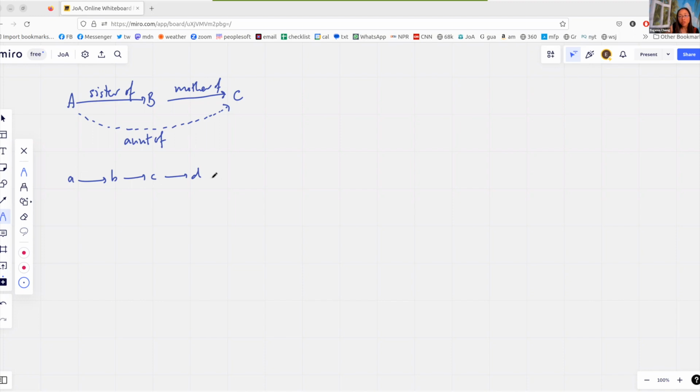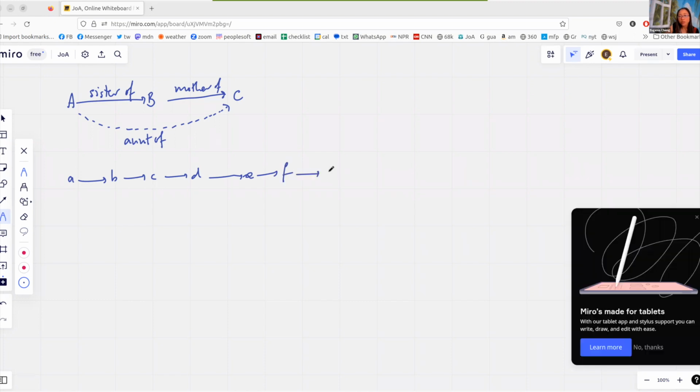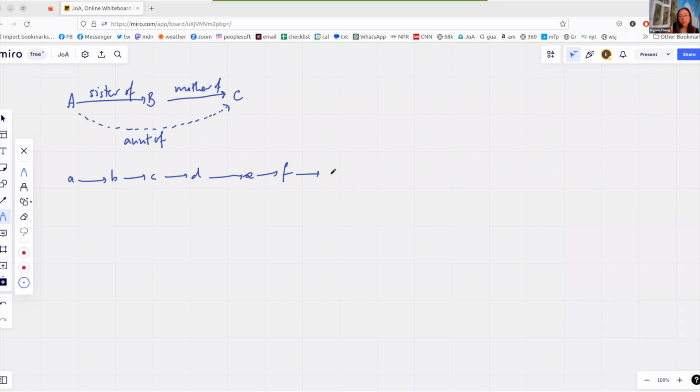But what we really want to know is that if we have any chain or string of arrows in a row, E, F, G, however long it is, there is one unambiguous way of doing it, because associativity tells us that there's an unambiguous way of doing any three, and then we can prove by induction that there's an unambiguous way of doing any string. And so this question asks us if it's composition in a different order.